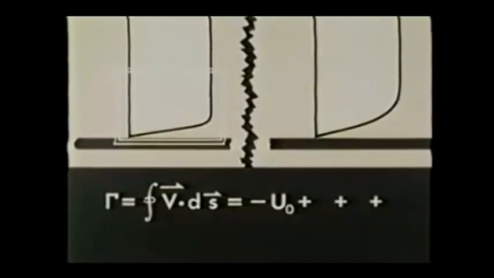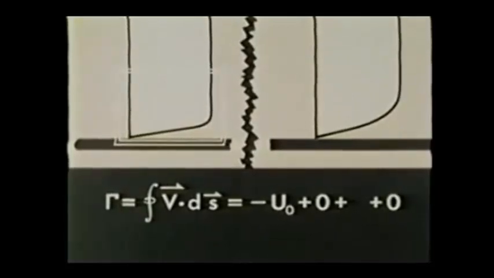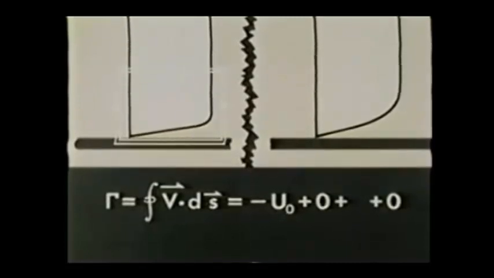The components of velocity along the right and left parts of the contour are virtually zero. Because there is no slip, the velocity contribution to the circulation at the surface is in fact zero. Therefore, the circulation is minus the free stream velocity times a unit length.